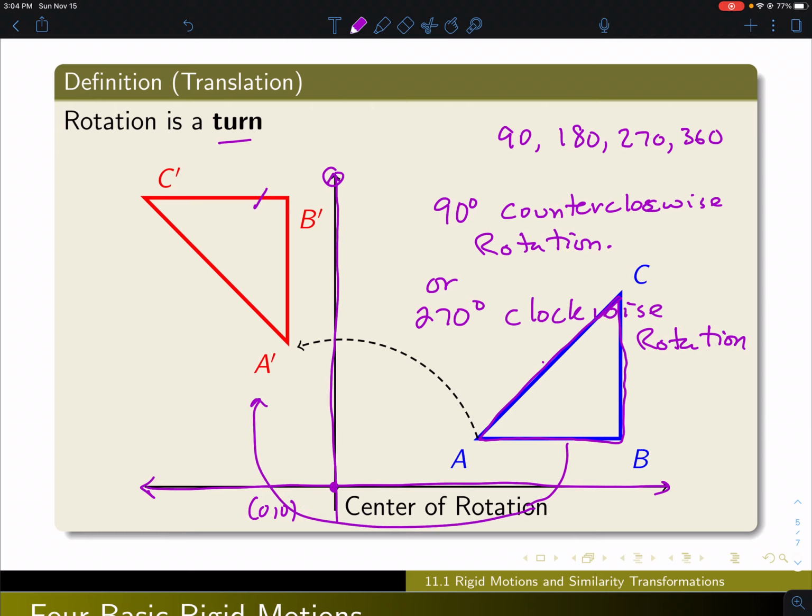That's the cool thing about these rotations: if you've got a counterclockwise one, there's always going to be a clockwise one that goes with it. And the degrees will always add up to 360. It's the nice thing. So in this case, 90 plus 270 is 360. All right, everybody okay on rotation?